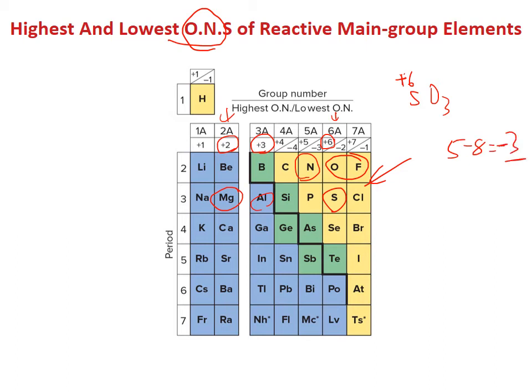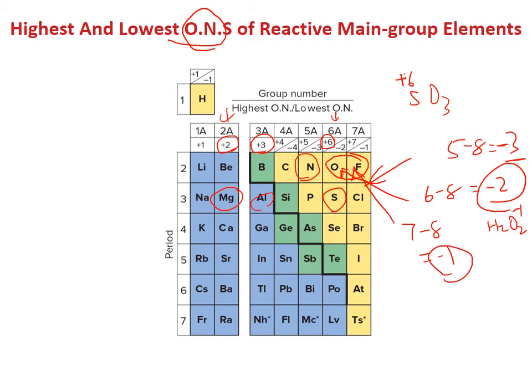So -3 is the lowest oxidation number for nitrogen. And for oxygen, 6 - 8 is -2. This is almost always the oxidation number for oxygen, except in H2O2, where it is -1. For fluorine, 7 - 8 is -1. So fluorine almost always has oxidation number -1.